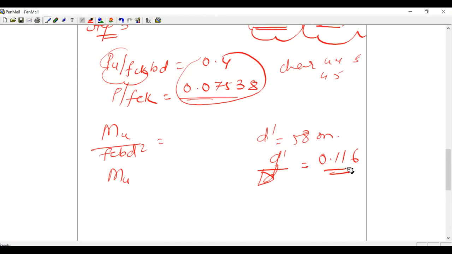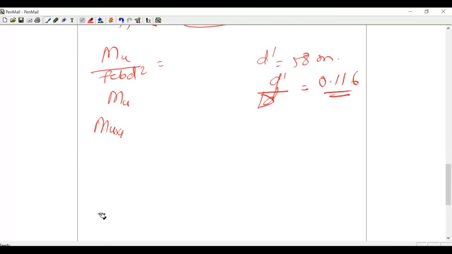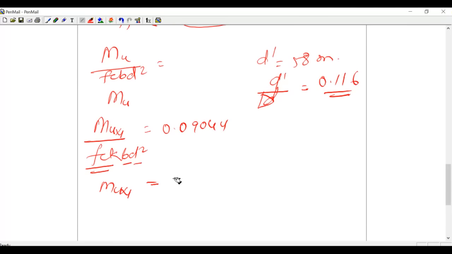So with the ratio of d dash by D, Pu upon fck bd and p by fck, we'll get Mux1 upon fck bd square equal to 0.09044. So we have the value of fck, we have bD. So Mux1 we can directly calculate, which is coming around 226.1 kilonewton meter, which is greater than 130 kilonewton meter, which was part of the problem.